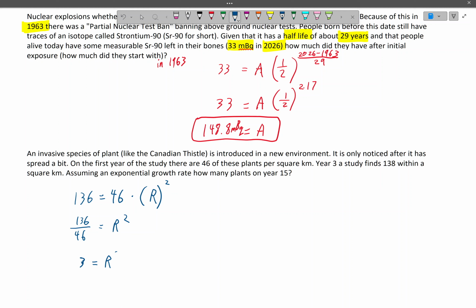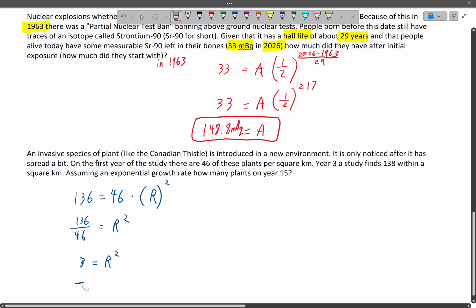And so it's tripled, but it's tripled per 2 years. So you could do this differently by square rooting the 3 and getting an answer for R, and then just having a 1 up top, or like every year it counts as 1.